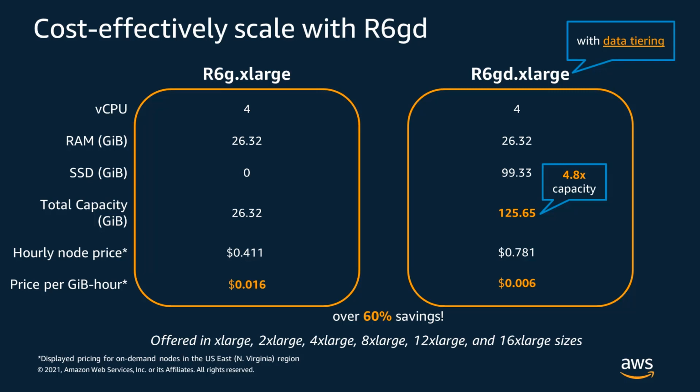When you think about pricing from a capacity perspective as opposed to the per node hour price, you can see that you're saving over 60%, with 0.6 of a cent per gigabyte hour when using data tiering compared to 1.6 cents per gigabyte hour when you're not using data tiering and running fully in memory. And to help you right-size your cluster footprint, we offer data tiering nodes in sizes ranging from X large with 125 gigabytes of capacity at the low end, all the way up to 16X large and 2 terabytes of capacity at the high end.